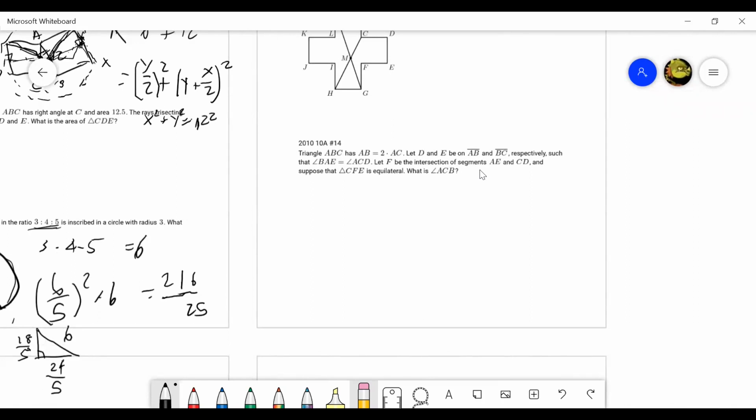So with this one, we are given just a triangle ABC where one side is twice the other, and it might be easier just to draw this. AB is twice AC, and D and E are on AB and BC, such that angle BAE is equal to angle ACD.